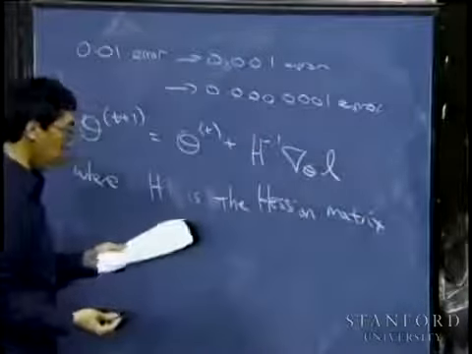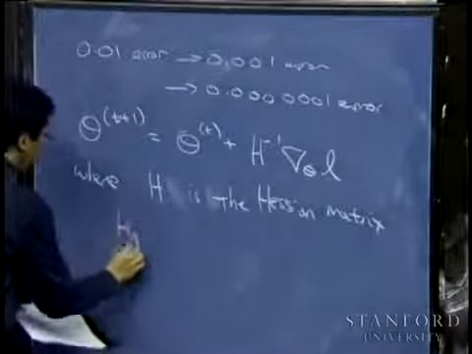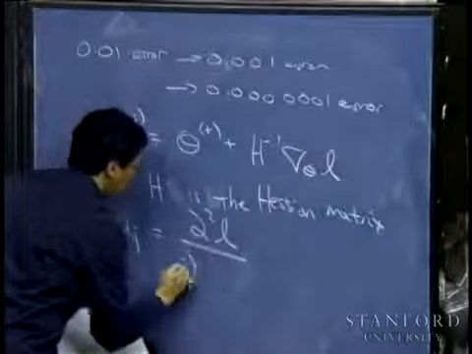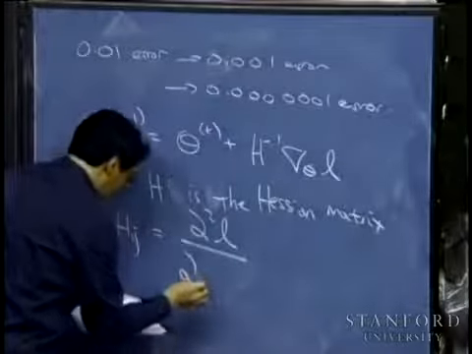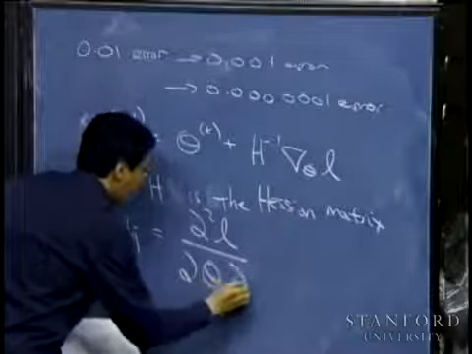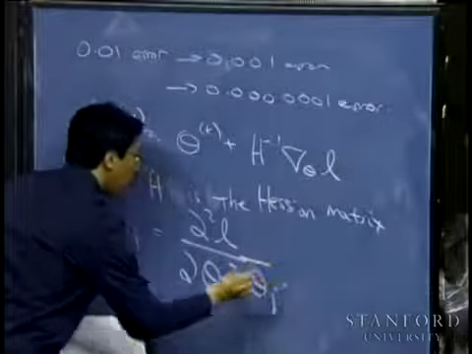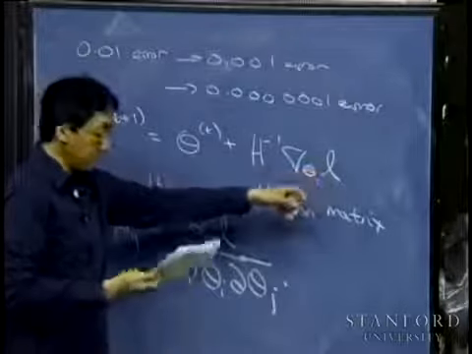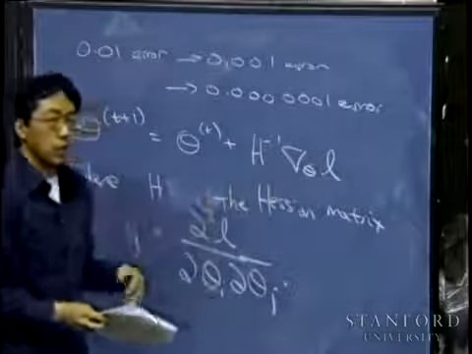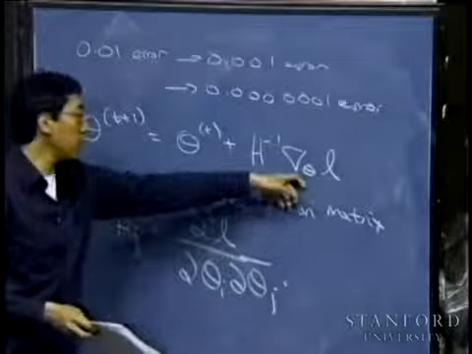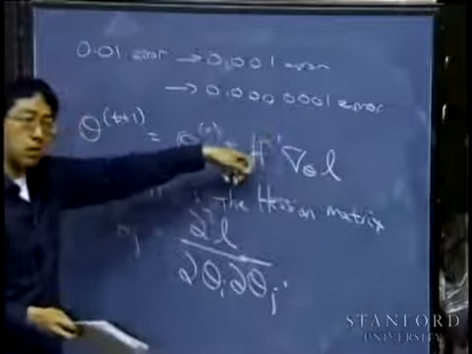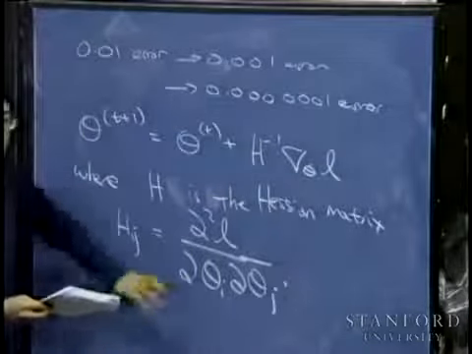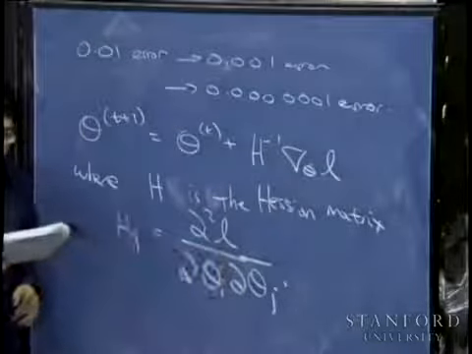This is just the matrix of second derivatives, where H_ij equals the second partial derivative. So instead of the first derivative divided by the second derivative, now you have a vector of first derivatives times the inverse of the matrix of second derivatives. This is the same thing, but written out for multiple dimensions.